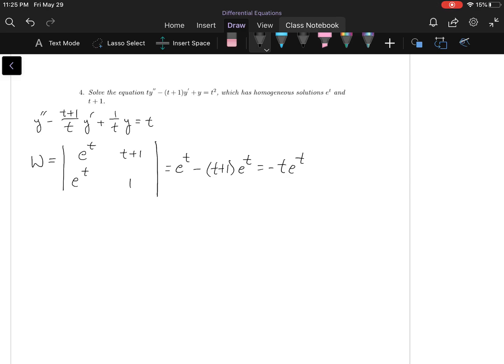Finally, we could start putting together our u's. So u1 prime is negative y2. y2 is t plus 1. G is t, remember, from the general form. And we have negative te to the t as our Wronskian.